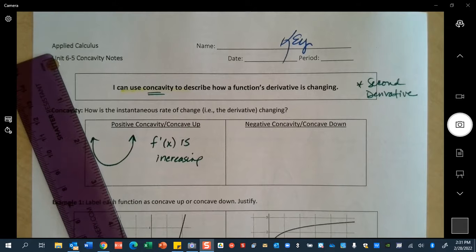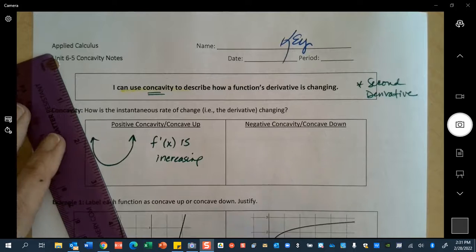Because what I want you to do is to have that straight edge represent the slope of your tangent line.